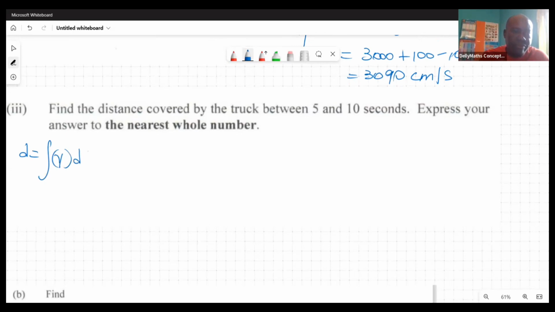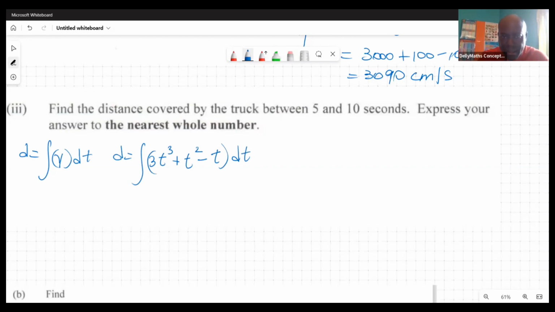So the distance that we're going for is going to be the integral of 3t to the third plus t squared minus t, dt.